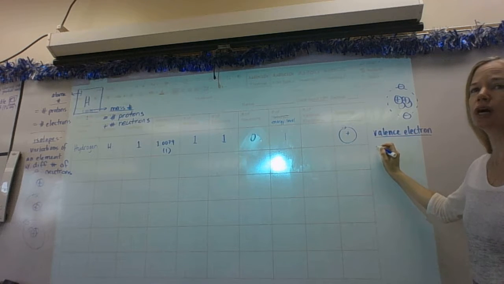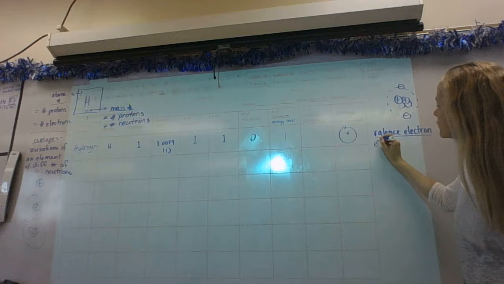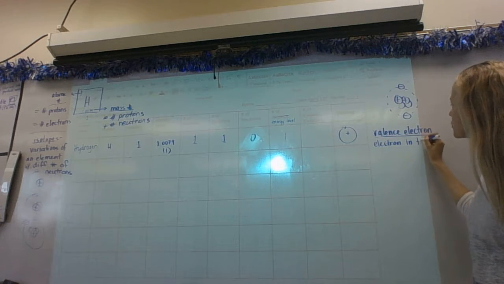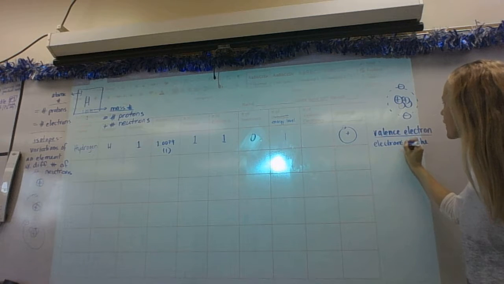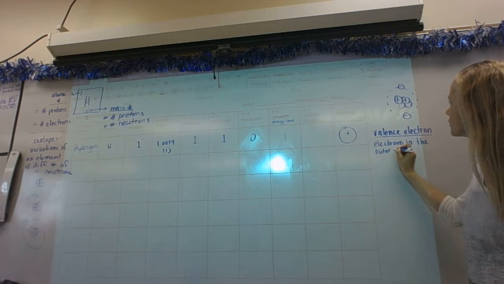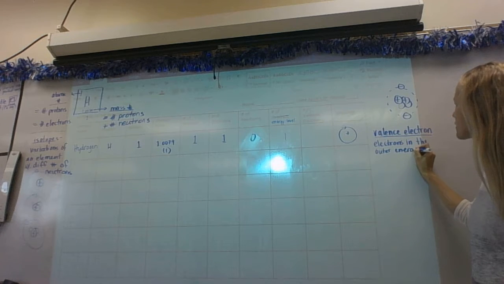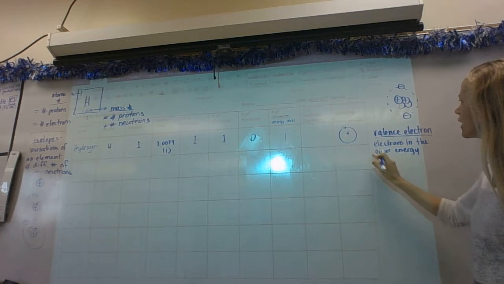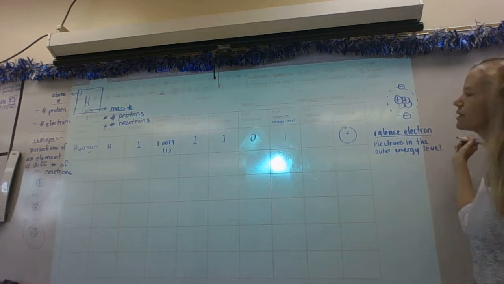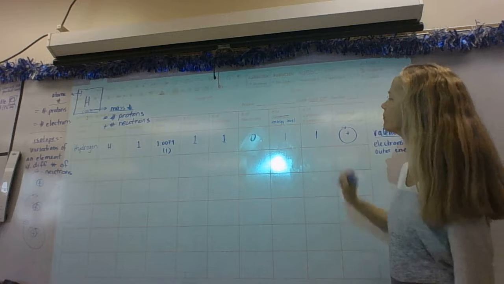So a valence electron is an electron in the outer energy level, or I should say electrons in the outer energy level. Obviously, we only have one energy level here, and in it there's only one electron. So what is the answer? 1. All right?